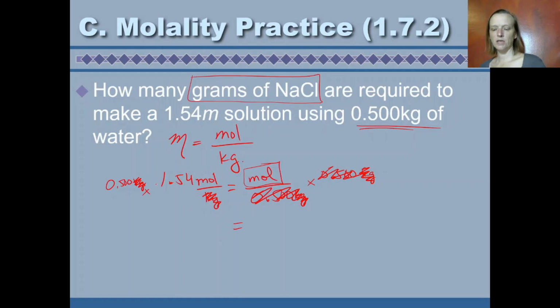So when I do the multiplication, I get as my answer 0.770 moles of NaCl are my answer for moles.